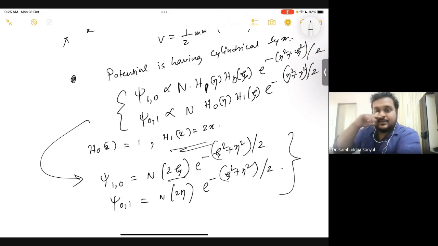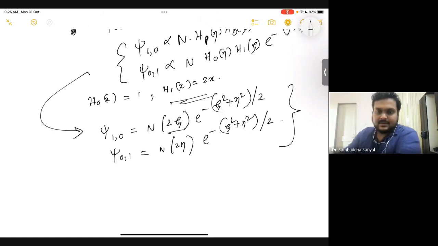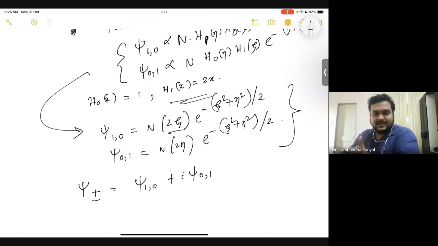But now if I go to the cylindrical coordinate, okay, now it is still not cylindrical. So now if I go to cylindrical coordinate, I can write this wave function in this form: I ψ10 plus I ψ01. Remember, it is degenerate, so any linear combination is also a legal wave function.